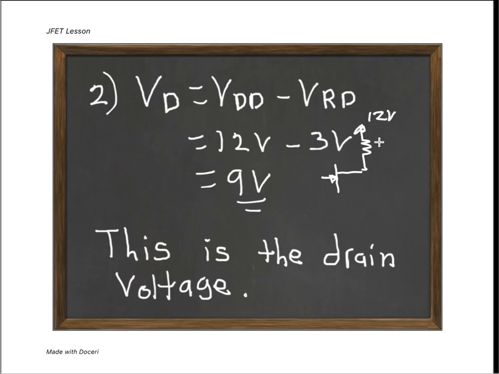This is 12. This was 3. That's the drain voltage from the drain down, all the way down to the common ground.